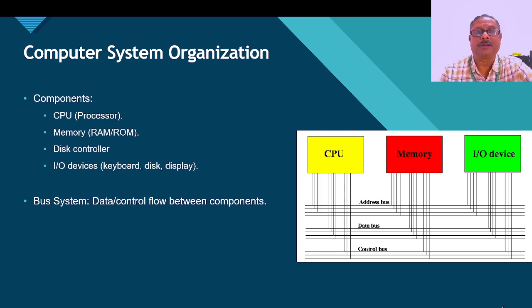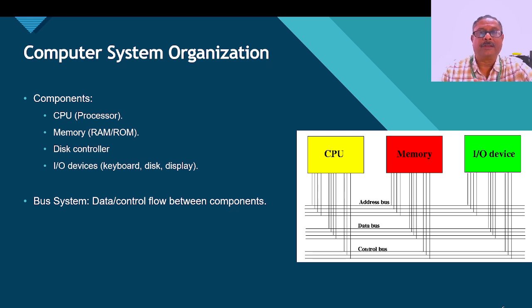So if we are trying to write some data onto the memory, the data we want to write is put on the data bus. Then we decide where we want to write it, the location where the data has to be written.